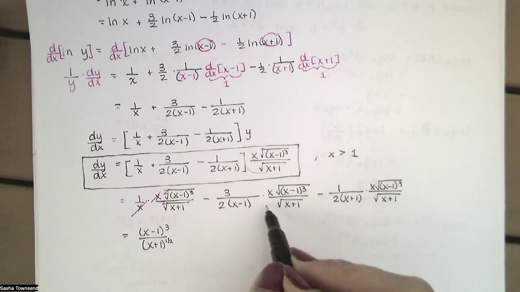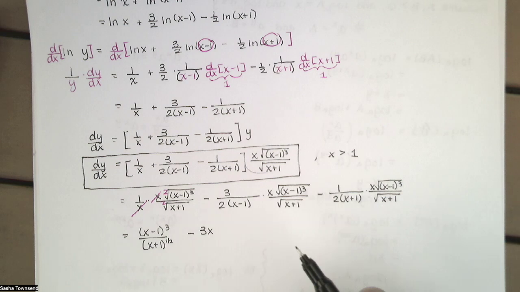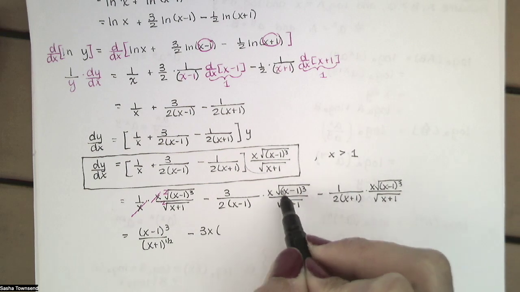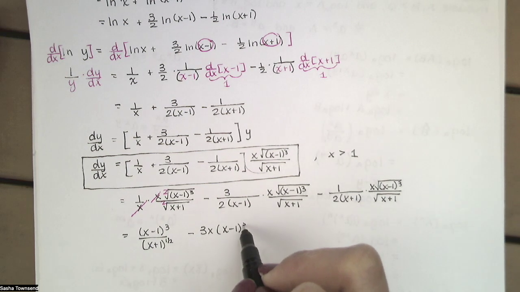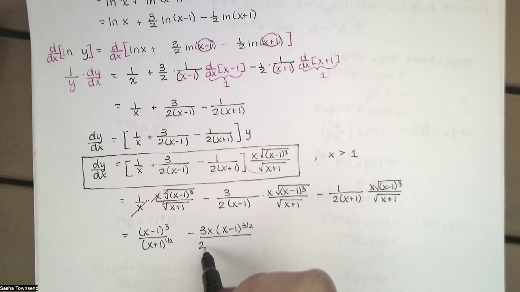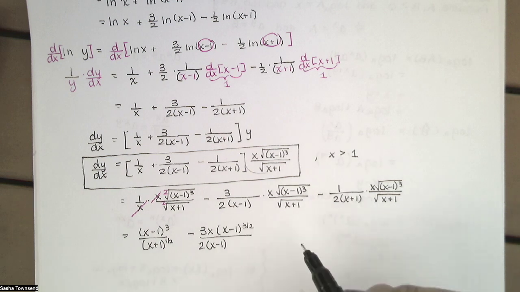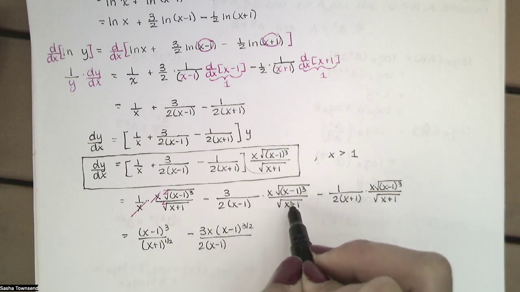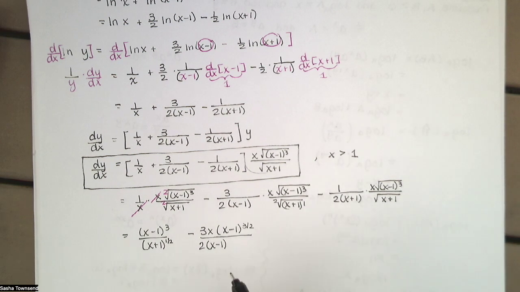Then if I multiply straight across here, I've got minus 3x times this expression again, x minus 1 to the 3 halves. And then I've got 2 times x minus 1. And then this is x minus 1 to the 1 half, or x plus 1 to the 1 half.